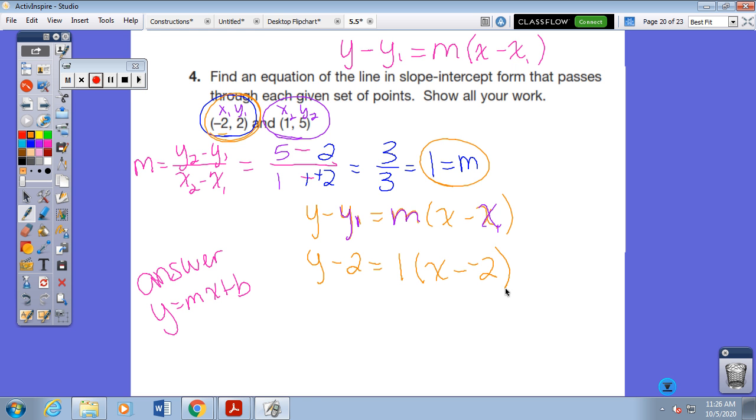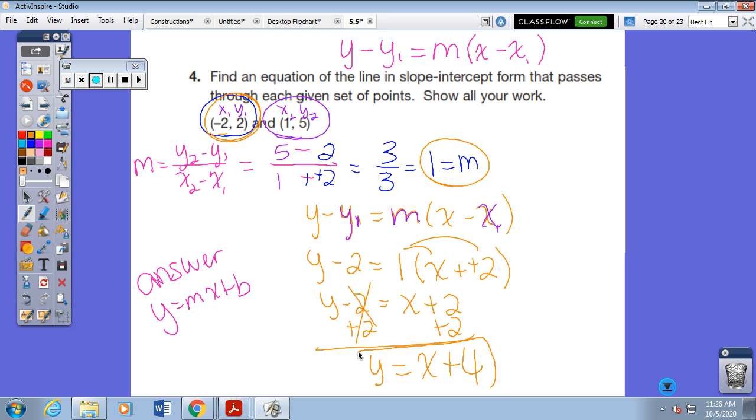And this negative becomes positive. So y minus 2, distribute the 1, x plus 2, add 2 to both sides, get rid of it here, y equals x plus 4. That's my final answer.